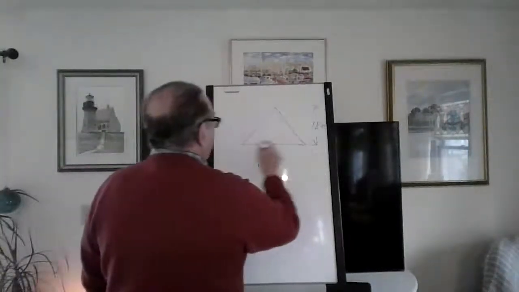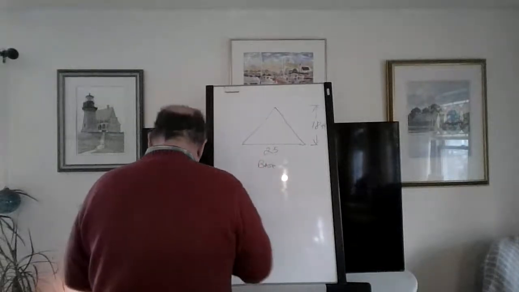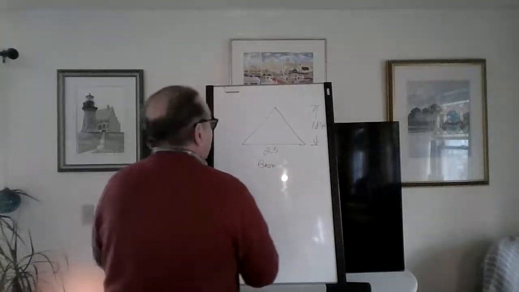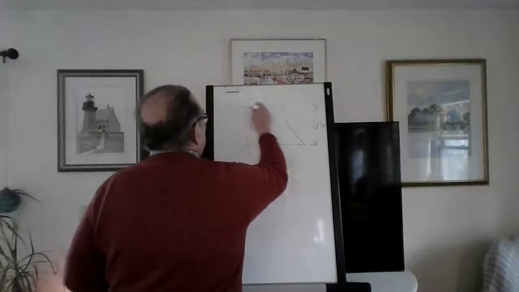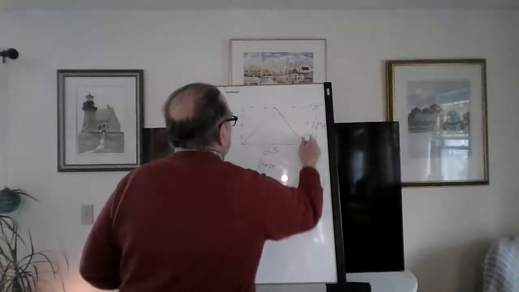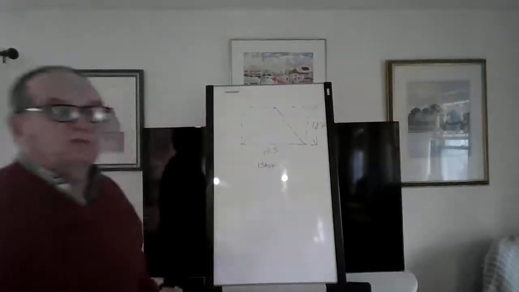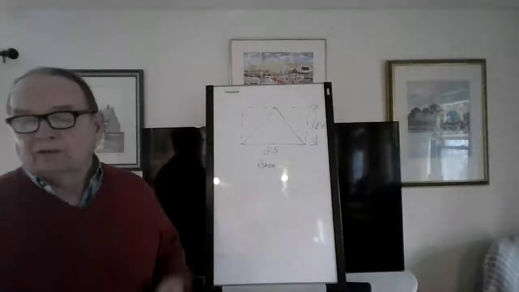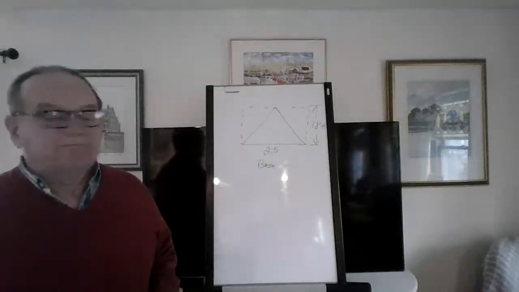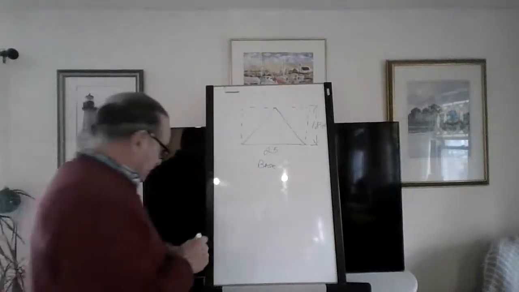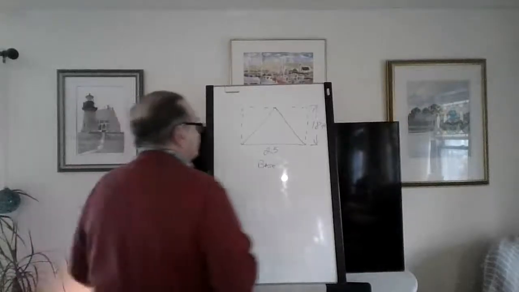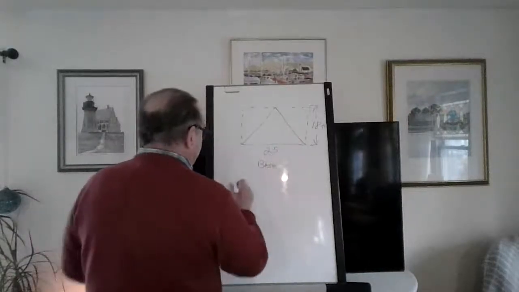So what this means is if this was a square, or in this case a rectangle, a triangle is always 1/2 of a rectangle or a square. So in this case, we're going to write down 25 times 18.